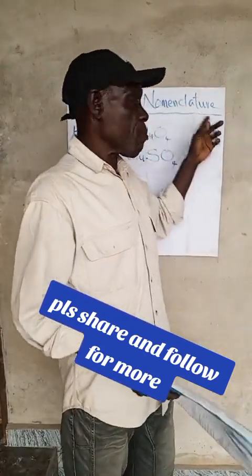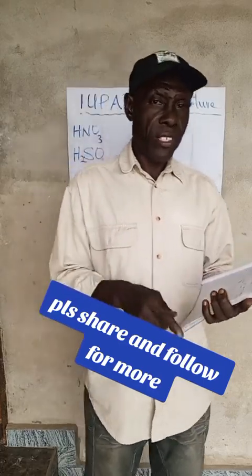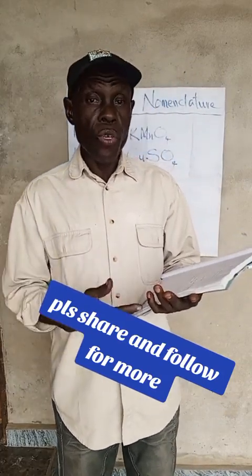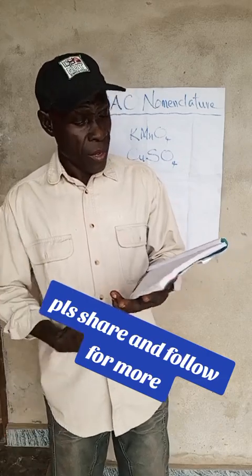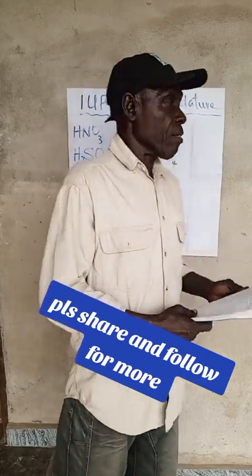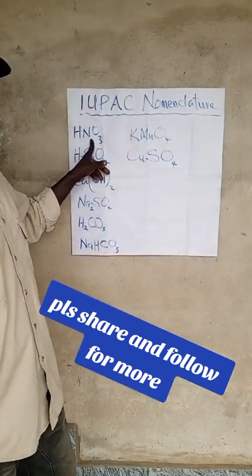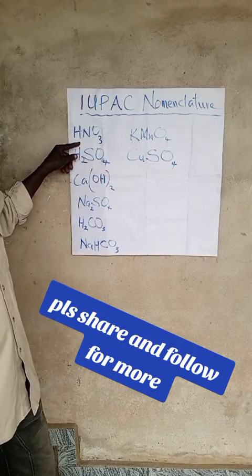The word nomenclature means naming. Now, before IUPAC nomenclature, we were having the trivial names. That was the old way of naming chemical compounds. Now, HNO3, the old name is called nitric acid.